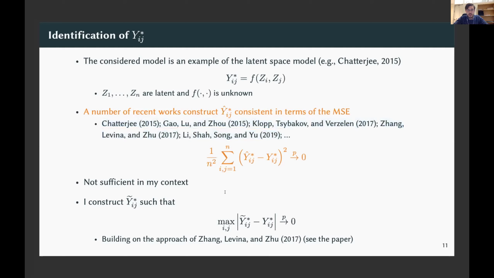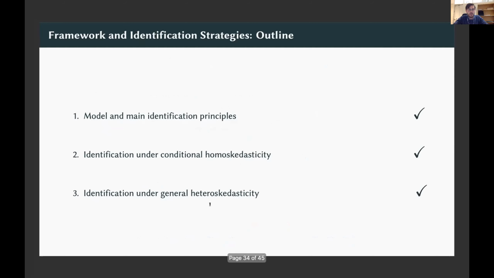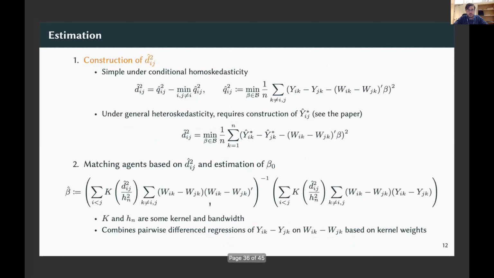To do that, I construct a different estimator building on the approach of Zhang, Levina and Zhu, and I establish its uniform consistency, that is, consistency in the sup-norm. This solves the problem and formally shows that indeed Y stars can be treated as effectively observed and delivers that identification result.